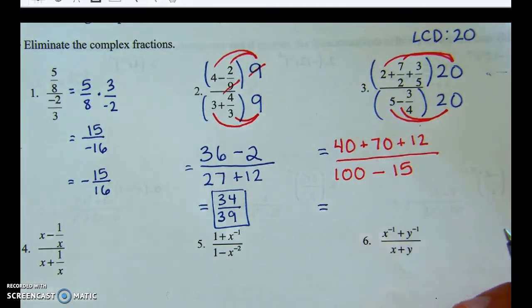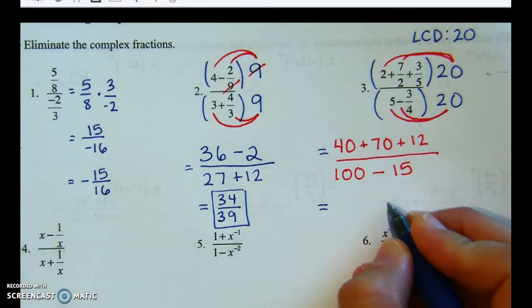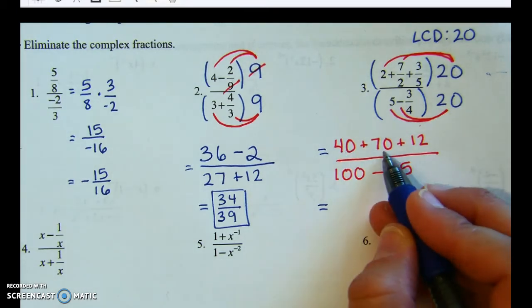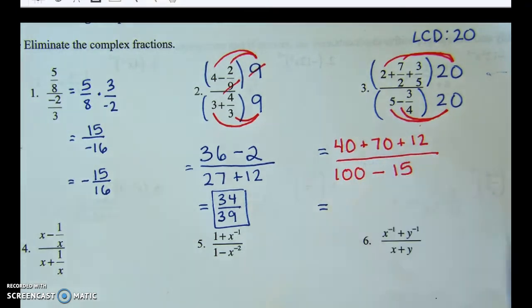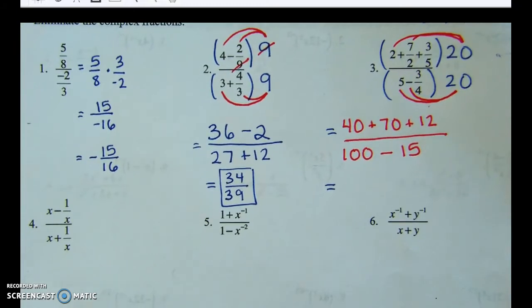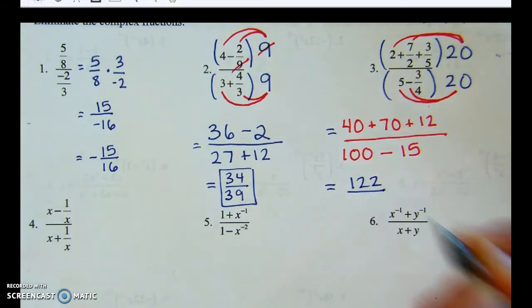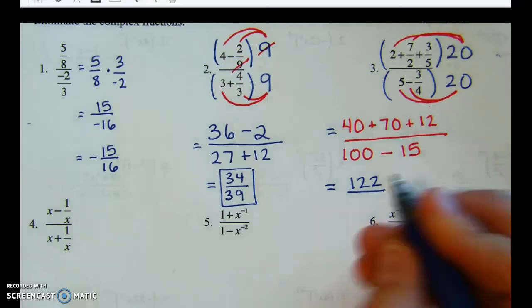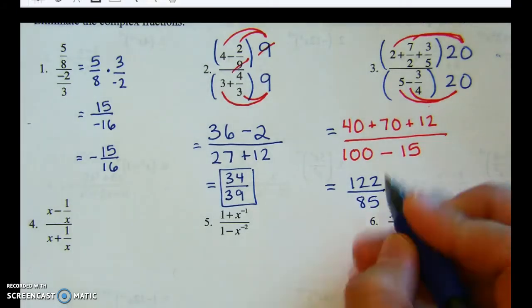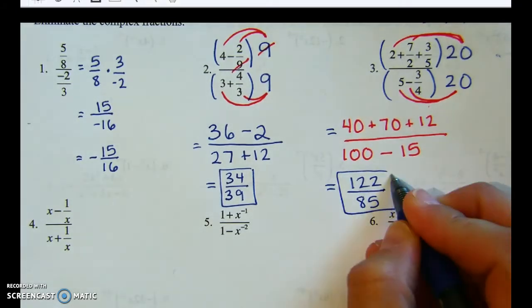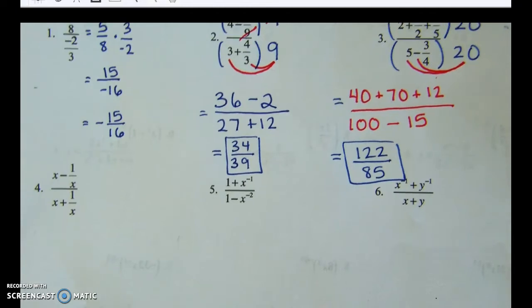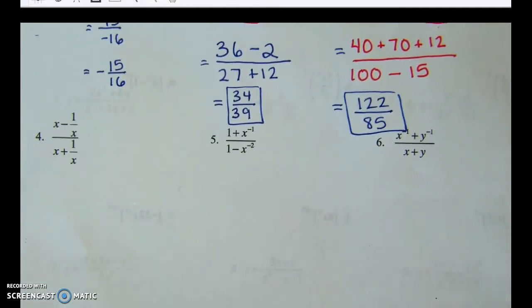Simplify numerator and denominator. 4 times 4. Sometimes does your adding not work in your head? That's kind of how I am today. And then 100 minus 15, 85. Does that reduce? No.